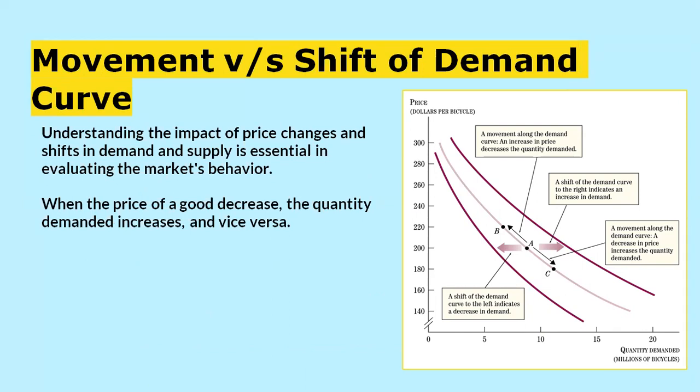When the price of a good decreases, the quantity demanded increases and vice versa.